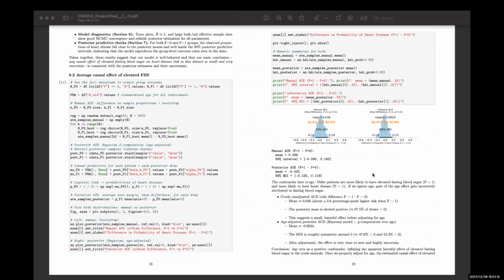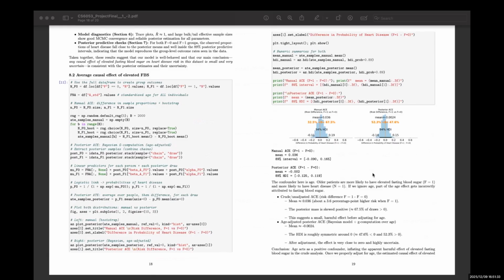Then we adjust for age using our Bayesian model and G-computation, and the age-adjusted posterior ACE is essentially centered at 0. The mean is around minus 0.0024, and the mass is almost split evenly around 0, with 47.6% negative versus 52.3% positive.